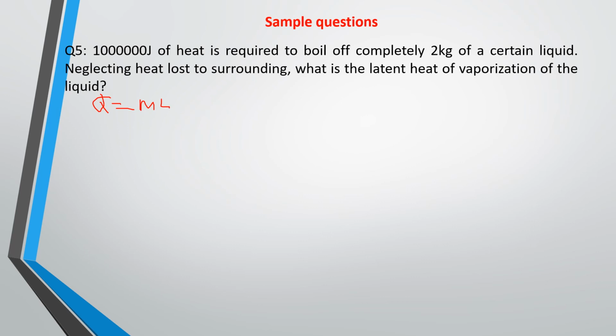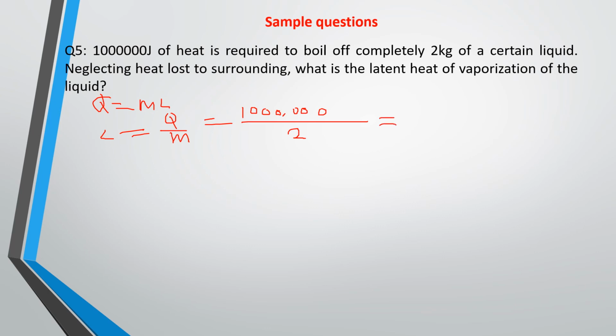So what you are looking for is L, which is equal to quantity of heat all over m. So here you have already been given quantity of heat to be 1 million joule. So this divided by 2 based on the question, because the mass is 2. This will just give you your latent heat of vaporization.